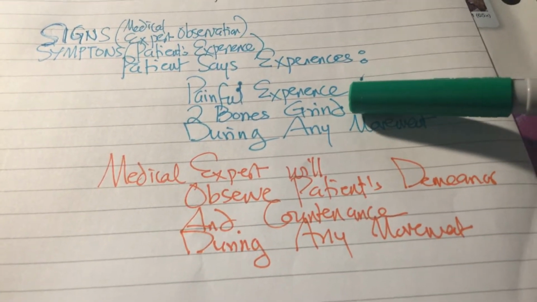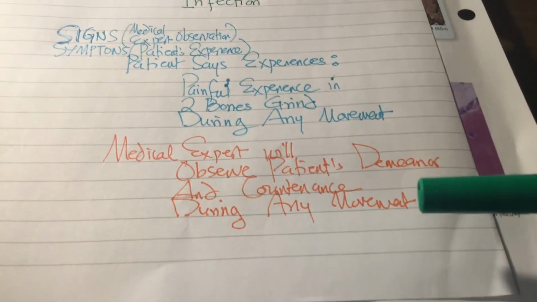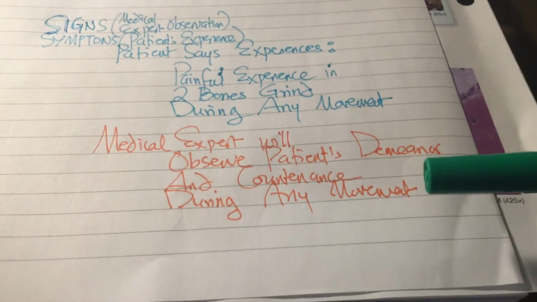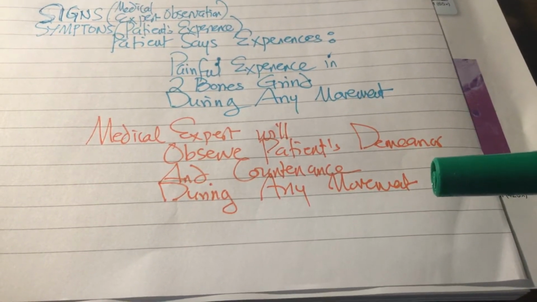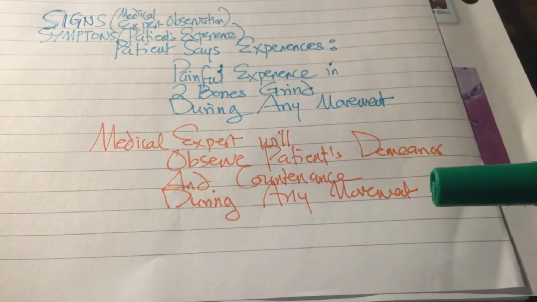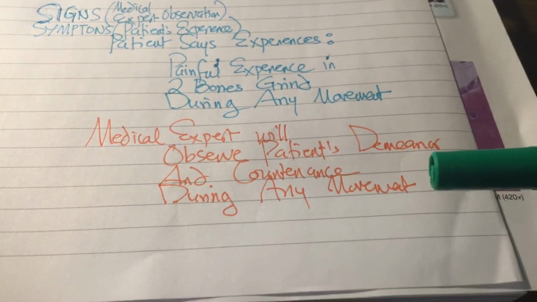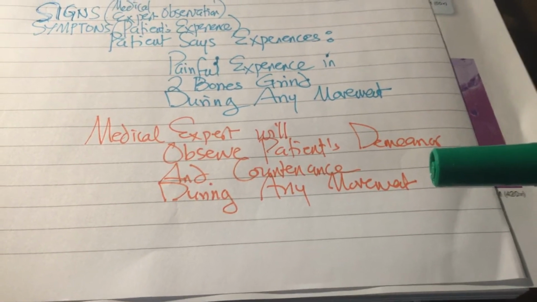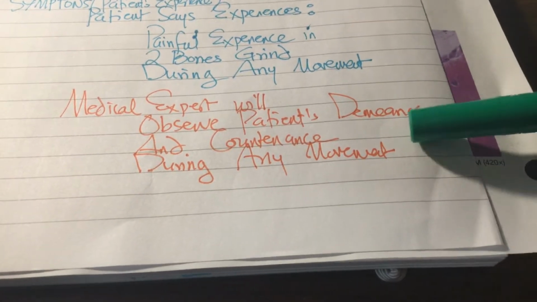Anytime he moves, the two bones grind together. When you hear something like that as a medical expert, you want to confirm that by making an observation in terms of a sign, to observe the patient walk, take a two-step, and see the patient's demeanor and countenance during any movement.